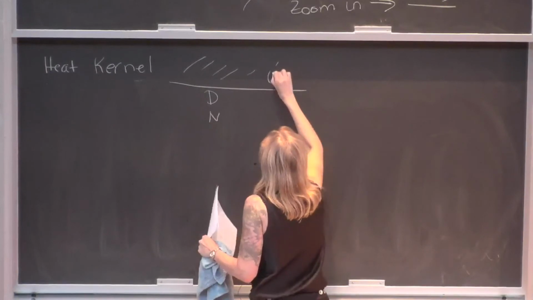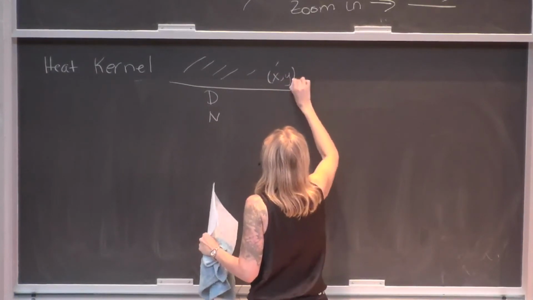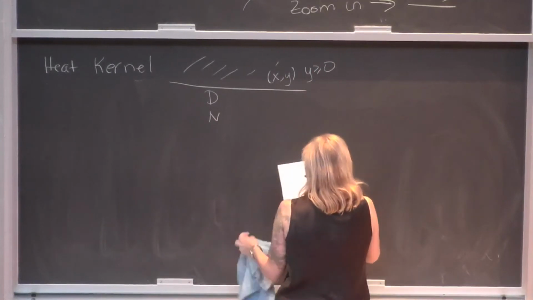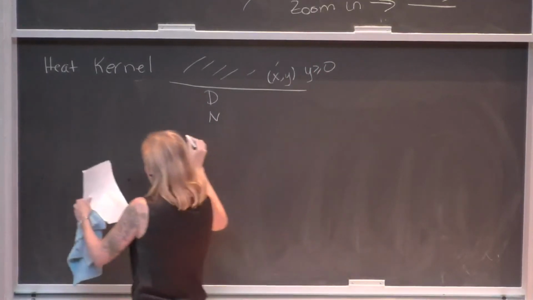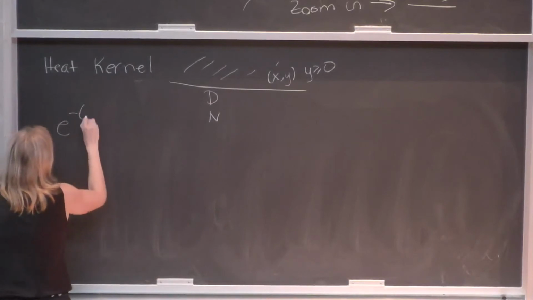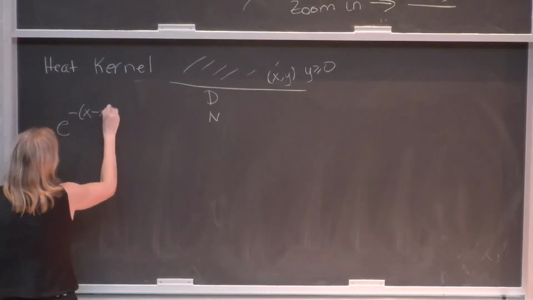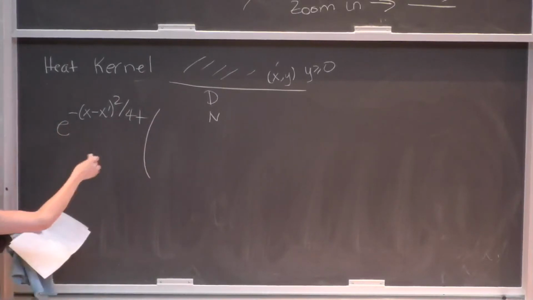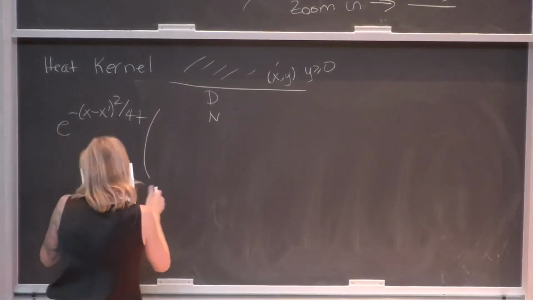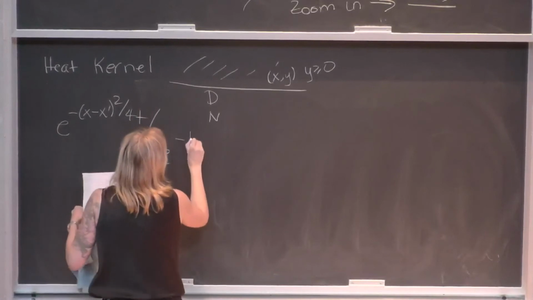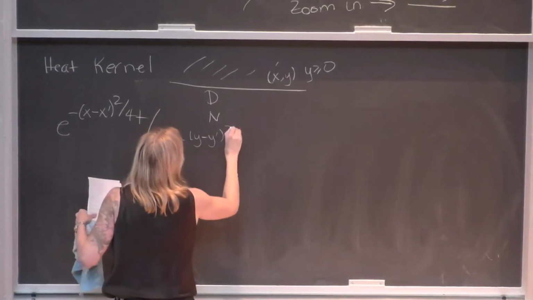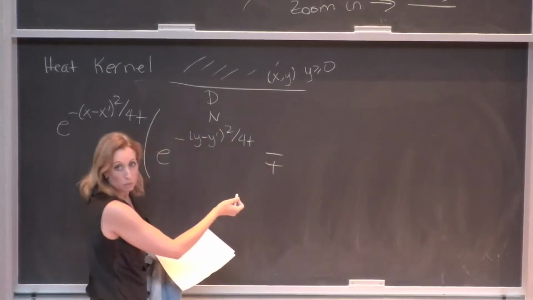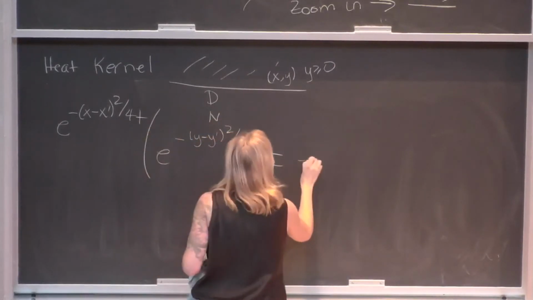So this is x, y, where y is greater than or equal to 0. That's my half space model. And so my heat kernel is going to be e to the minus (x minus x prime) squared over 4t. So I have 2 copies of x and 2 copies of y. And then e to the minus (y minus y prime) squared over 4t, minus plus. Minus is for D, plus is for N. That's why I wrote them that way.